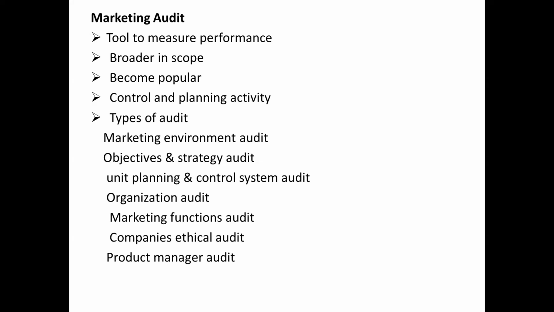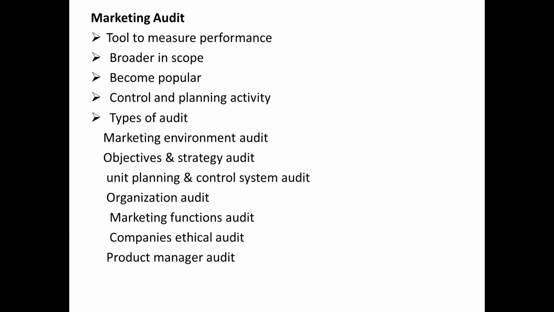Its appraisal is evaluated, especially when the product is into a new market or a new product is launched in the market. How do the customers react to it? So here, a particular unit, a particular product is taken into account and planning and control systems are developed. The audit of this is taken into account.